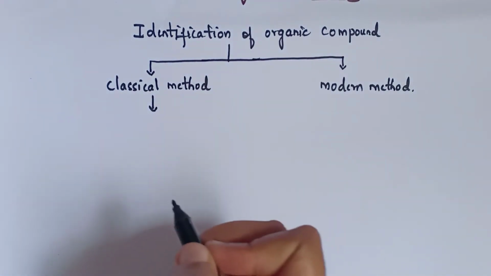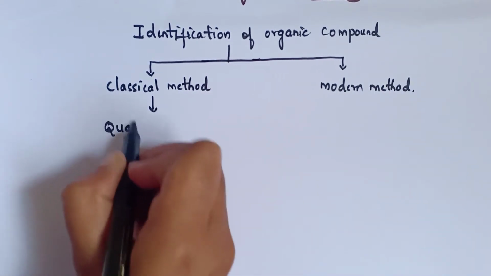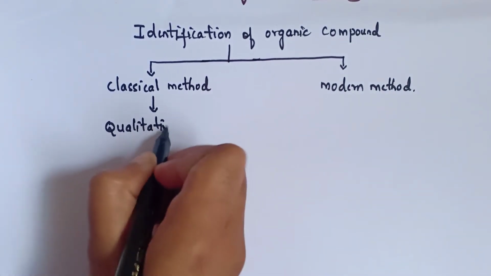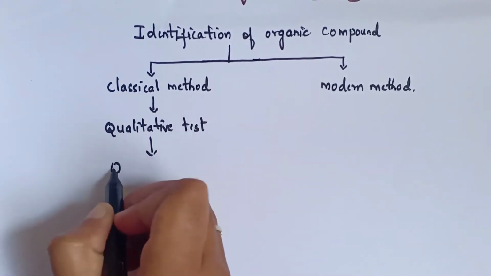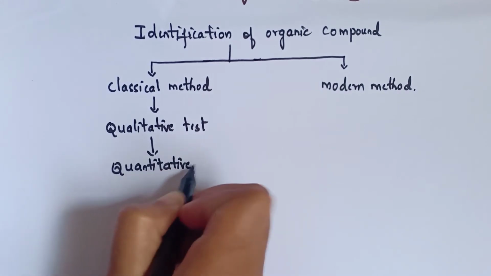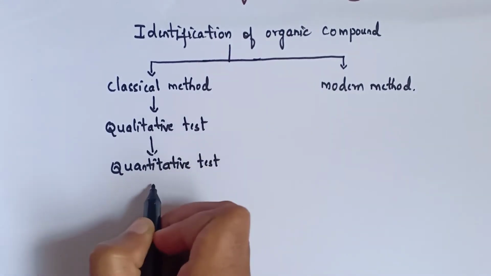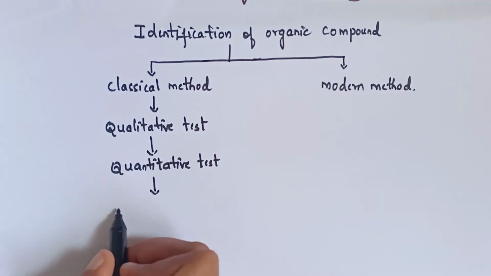First, for a given compound, we have to do a qualitative test. And then comes the quantitative test, and again the next step is finding out the empirical formula.